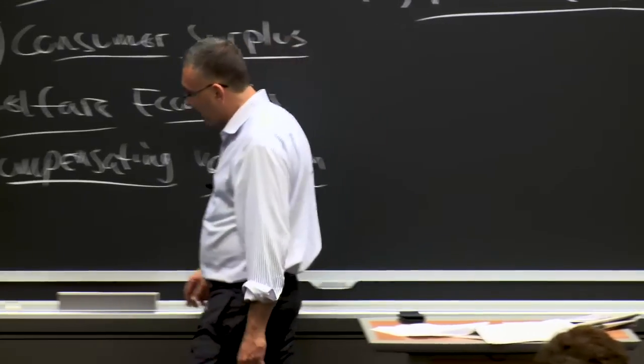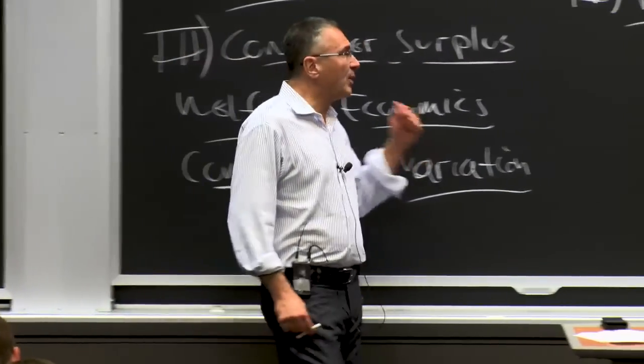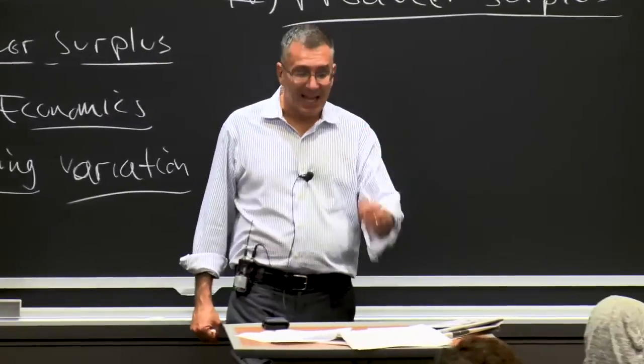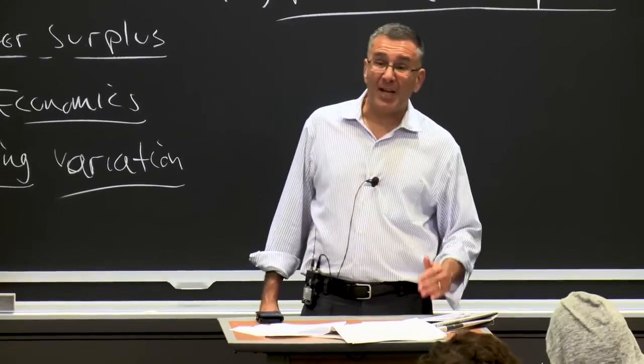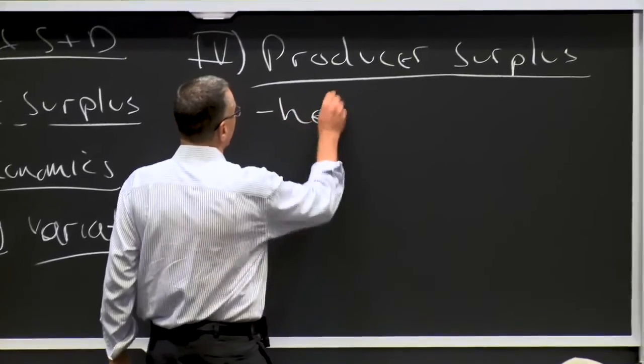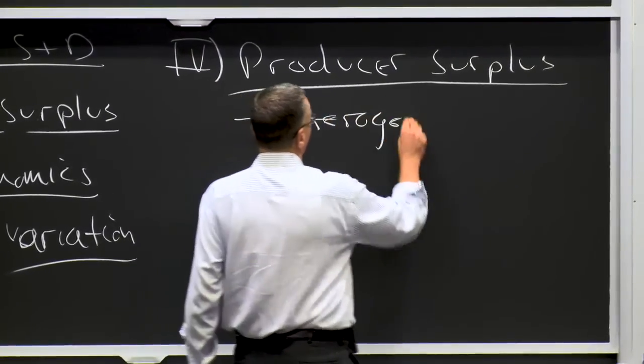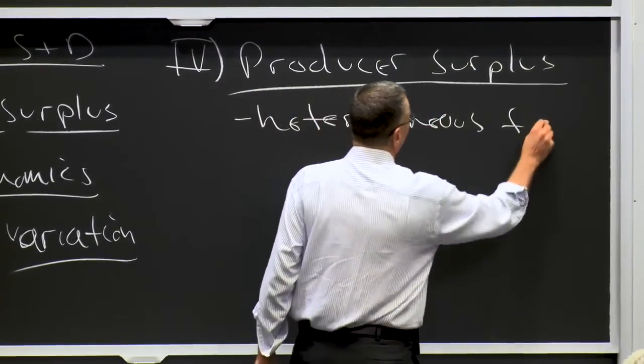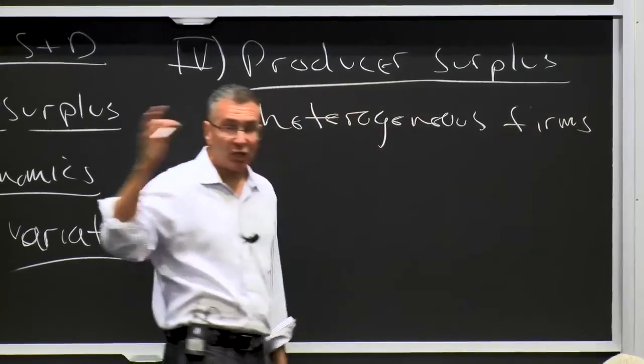Okay, let me cover one last point. Going back to last lecture, because I didn't have time to get to it last lecture. Remember, we talked about 3 reasons why, in the long run, even in a competitive market, supply can slope up. We talked about heterogeneous firms, that is, firms with different levels of efficiency of production.